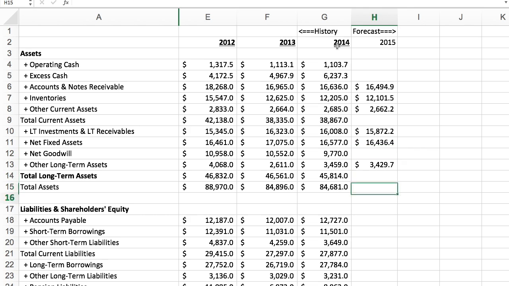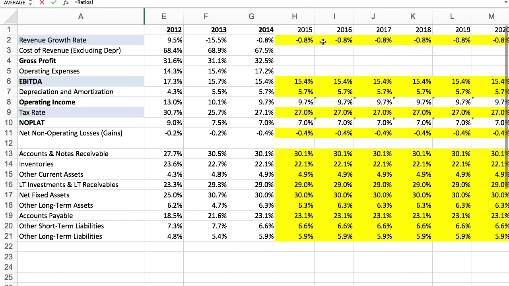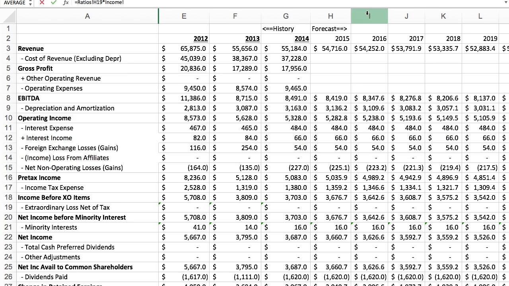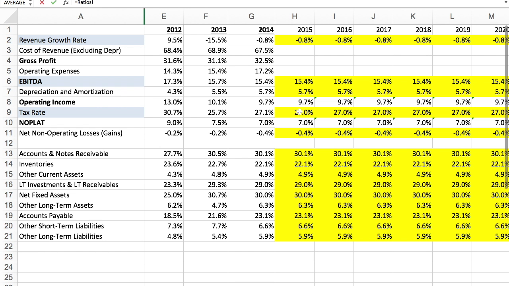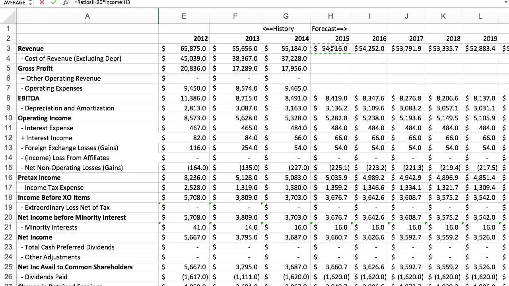Next one is accounts payable equals ratios 2015 accounts payable times income 2015 revenue. Other short-term liabilities equals 2015 other short-term times income 2015 revenue.